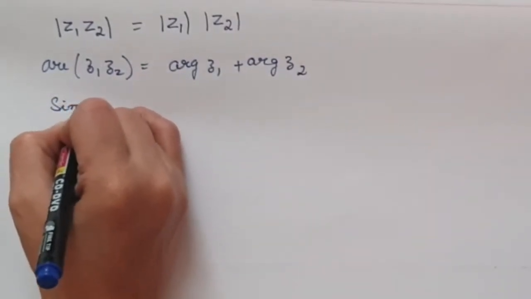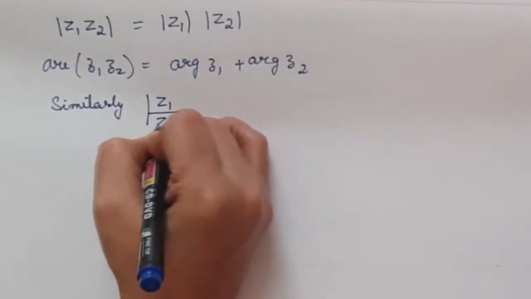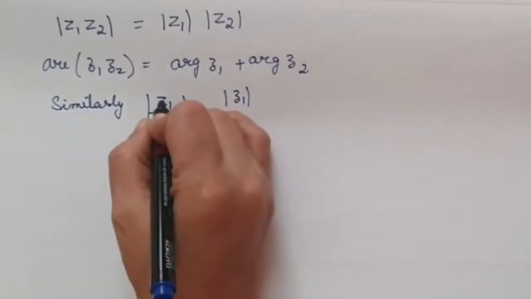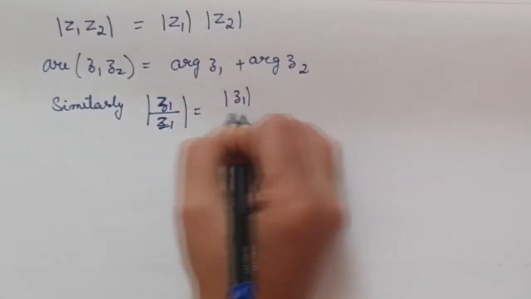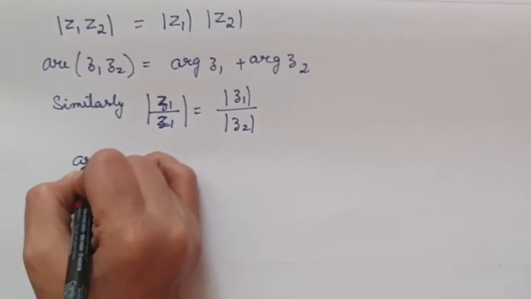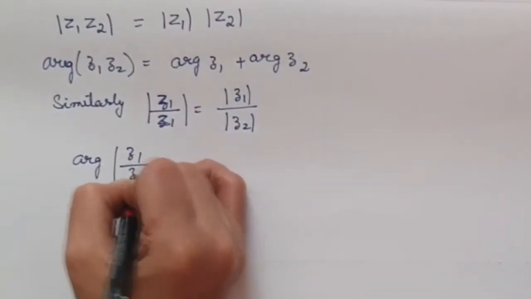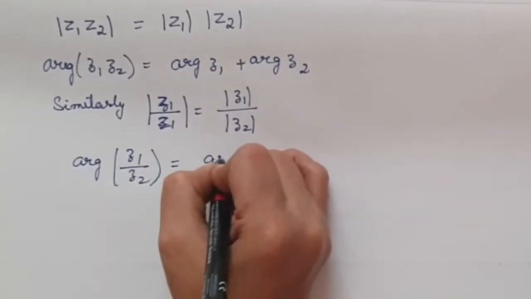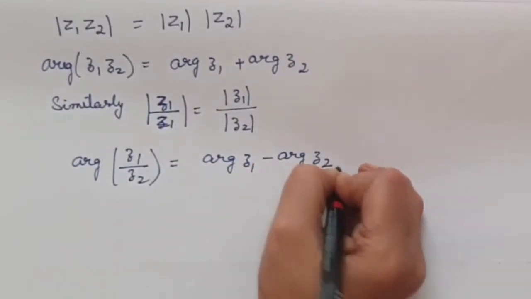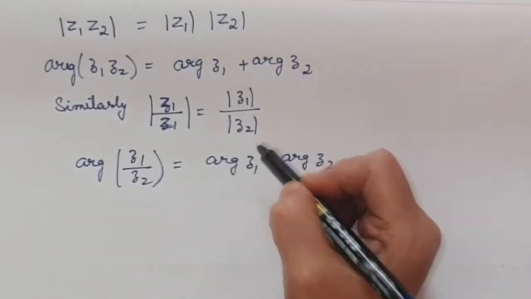Similarly, the magnitude of z1 over z2 will be equal to the magnitude of z1 divided by the magnitude of z2. In the same way, the argument of z1 over z2 will be equal to the argument of z1 minus the argument of z2. These two are very important facts in the polar form of complex numbers.